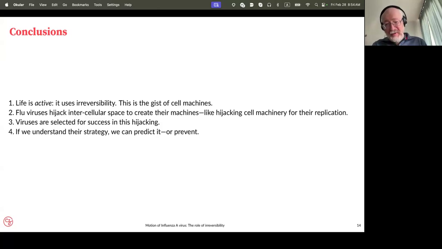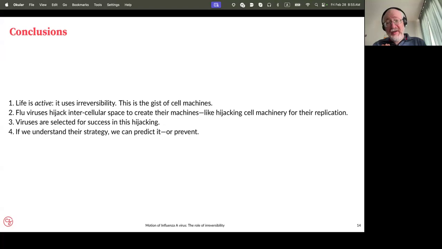What we did not know, and what we now know, is that they do the same for motion. They steal the energy that cells expend to create the mucociliary layer and use it for their own locomotion. So again, viruses do what viruses love to do: steal something.